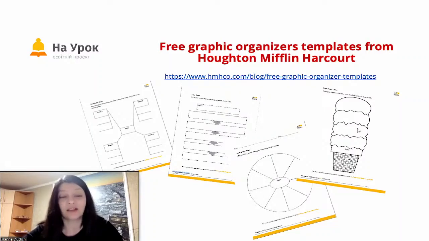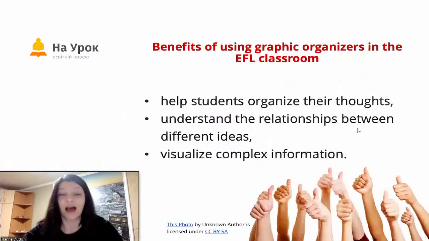So I usually would have like 5 copies of blank diagrams in my class, and if we need to brainstorm some ideas, I would give them to our groups of students, and we just start working with them. It is really helpful to have them at hand at any time.